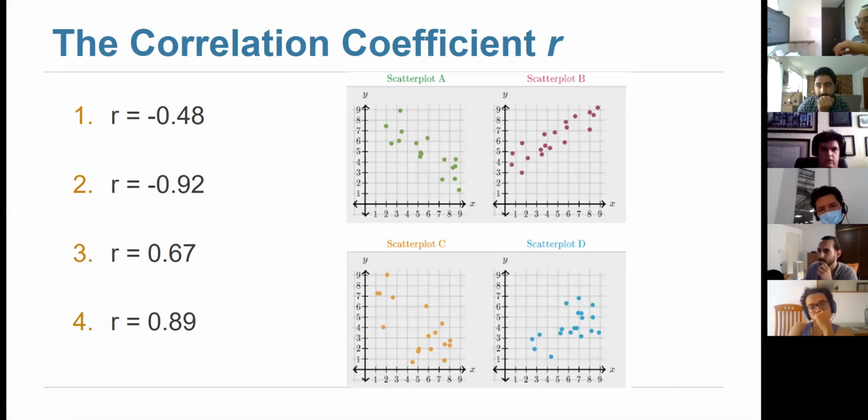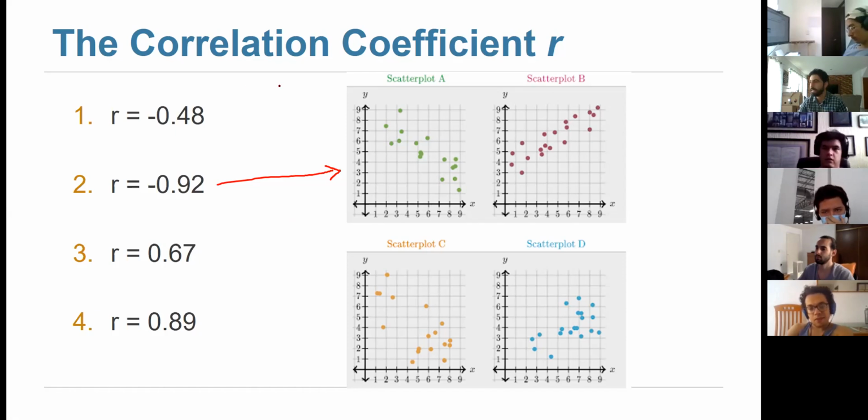Number 2 is related to A. So Juan Salvador is saying number 2 belongs to scatter plot A. Can you tell me why? Because it's negative, because of the direction the slope is going, and since between both negatives A and C, A is less spread out, it must have the higher R value. Okay, yeah, that's perfect.